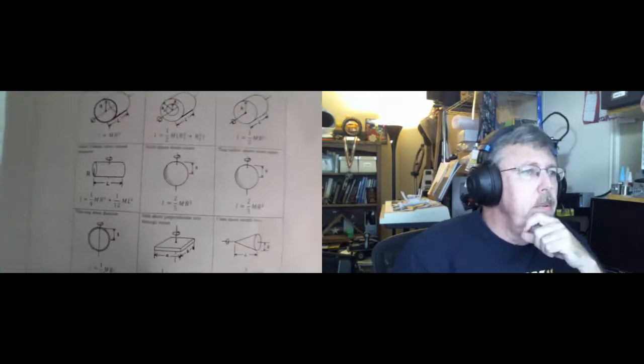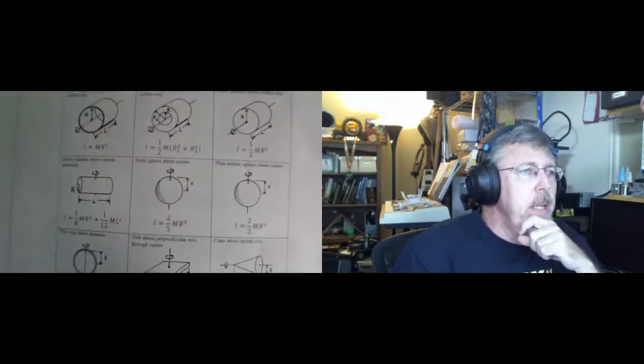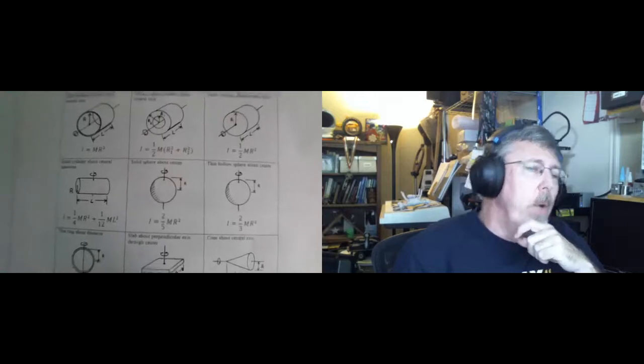It should be in the textbook too. I know what it is. It's 2/3 mr squared. Is that right? I think it's 2/5 mr squared. Solid sphere about center. No, but this isn't a solid sphere. Oh, okay. This is a thin spherical shell. Oh, yes. 2/3 mr squared.